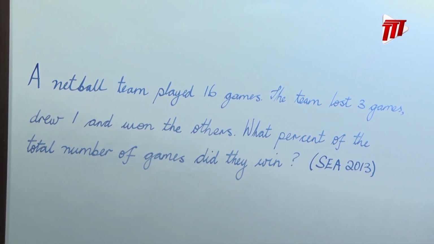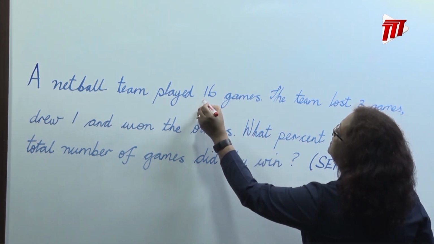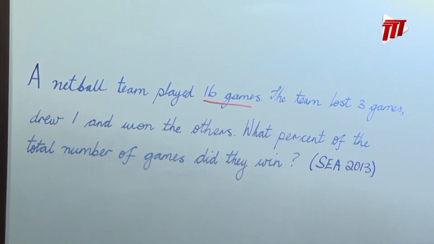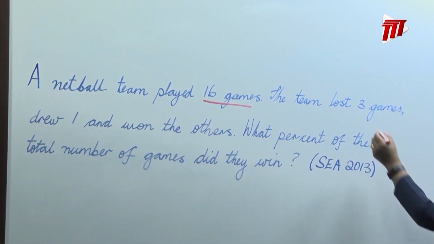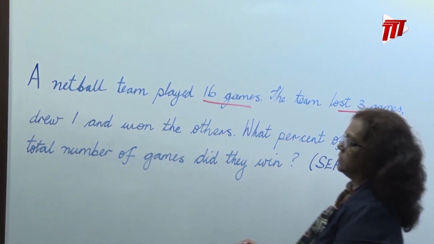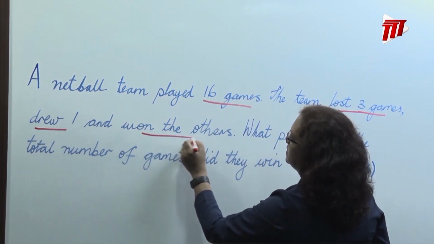So we're going to examine our problem and try to figure out what it is we need to find out. So we know the netball team played a total of 16 games. They lost 3 games. They drew 1 and they won the others.